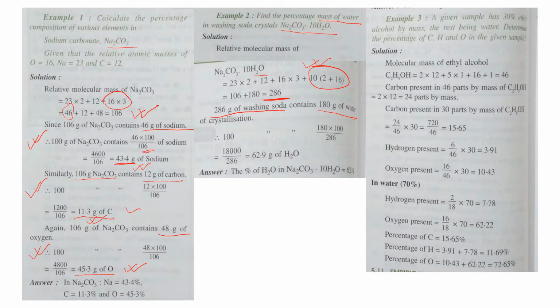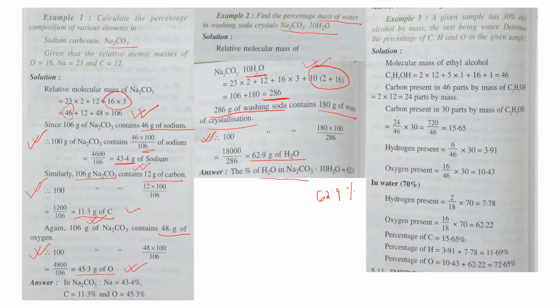That is 10H2O, 10 into 2 plus 16. So it is 180 gram of water of crystallization. Now find out for 100. 100 gram of washing soda contains 62.9 gram of H2O. So my percentage of H2O in Na2CO3.10H2O is 62.9%. Am I clear?